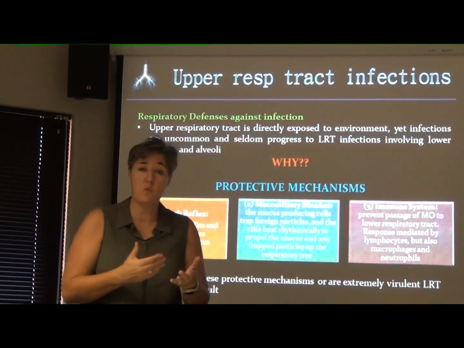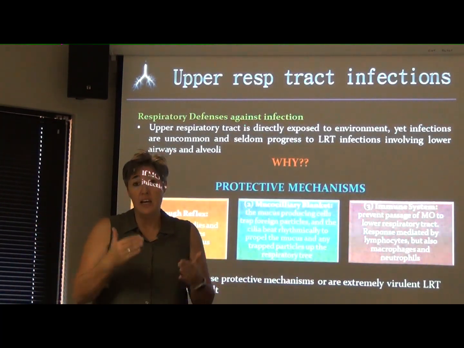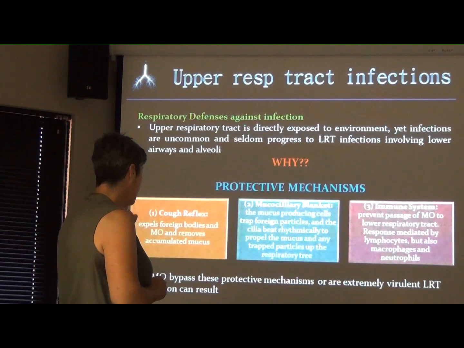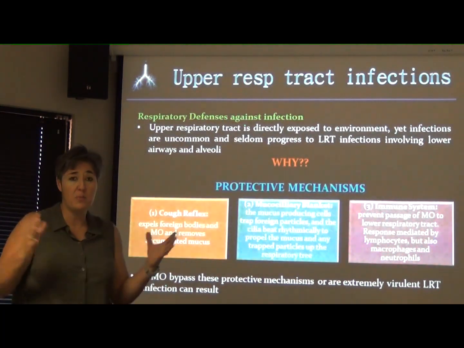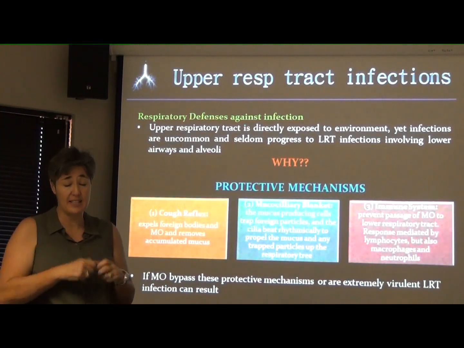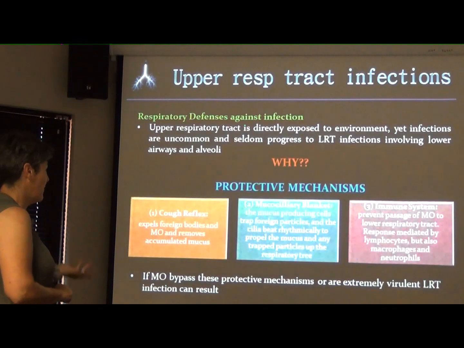The reason why we don't get sick or infected on a constant basis is that we have 3 natural protective mechanisms that help prevent us from contracting an infection. The first one we deal with is our cough reflex.